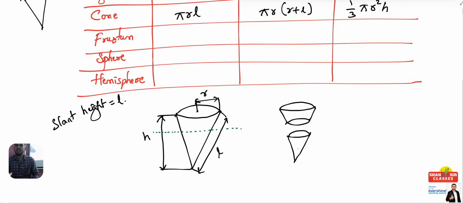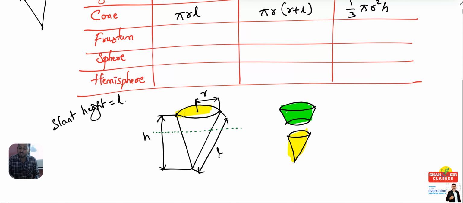When we cut the cone into two parts, you leave the smaller cone, and the part that is left out is known as the frustum of a cone.